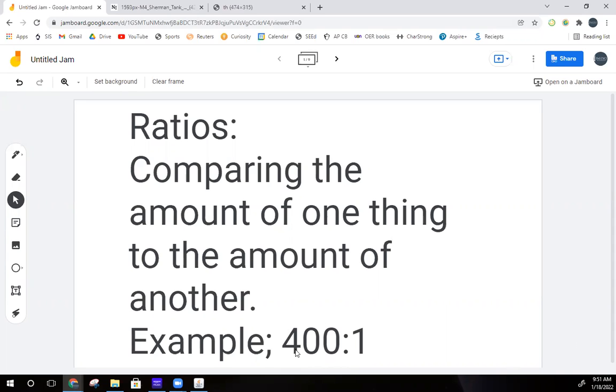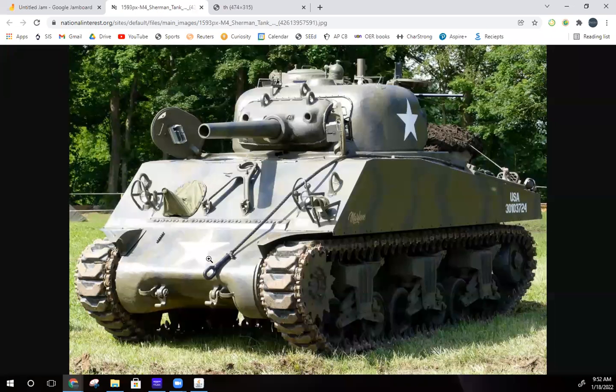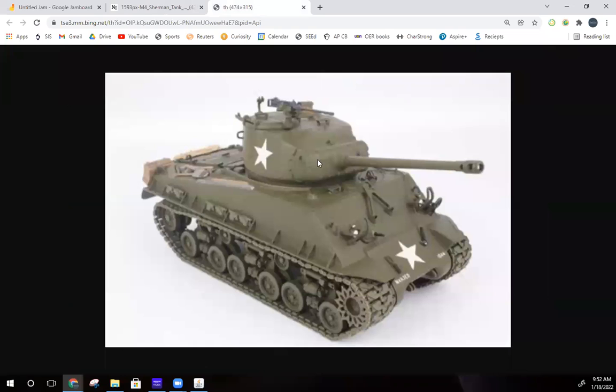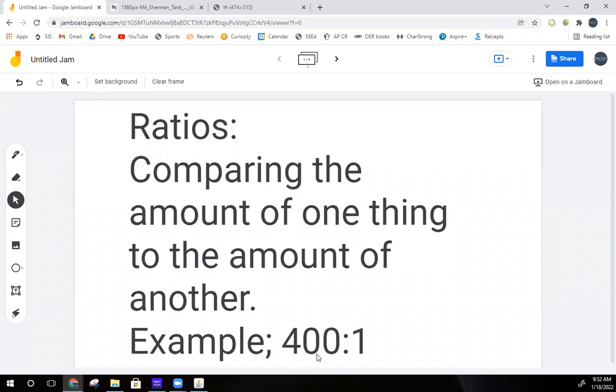So we write ratios, that's kind of a tongue twister, with one number colon another number, and that is comparing the size or the amount of one thing to the size or amount of another. So 400 centimeters to 1 centimeter, comparing the size of the real tank to a model tank. So 400 to 1.